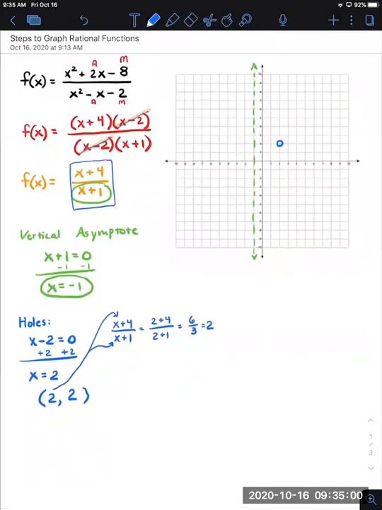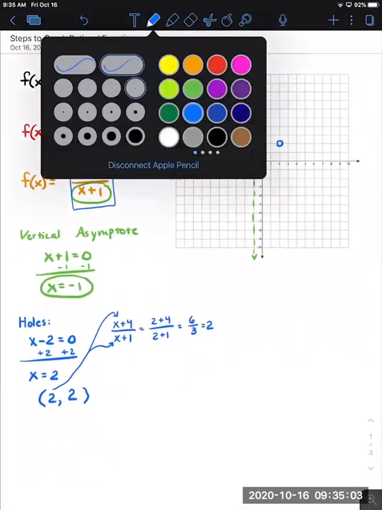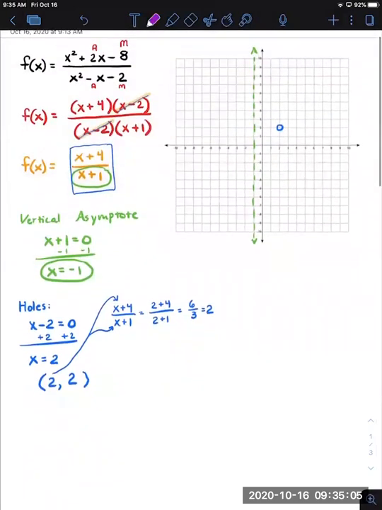Right, on to step number 5, the horizontal asymptote. For the horizontal asymptote, you're going to be using the simplified equation. This is the only one that it would also make sense to use the original equation.